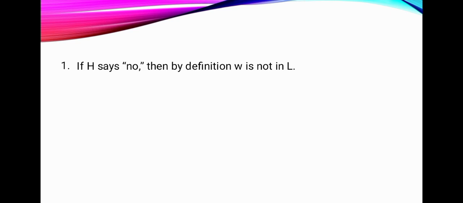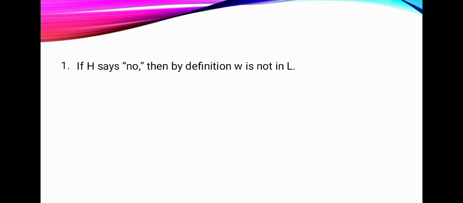If the halting machine says no, that is, the machine does not halt, then by definition the input string W is not in the recursively enumerable language. Our theorem is that if the halting problem is decidable, then it accepts every string in the language. We got that H says no, so it does not accept every string in the language.